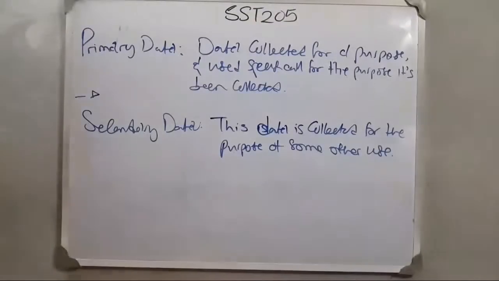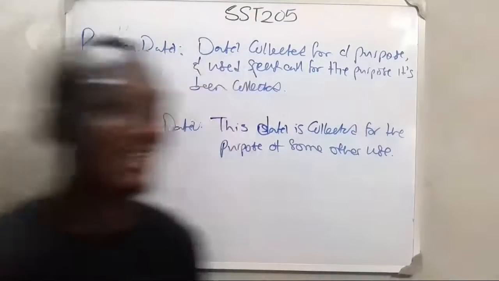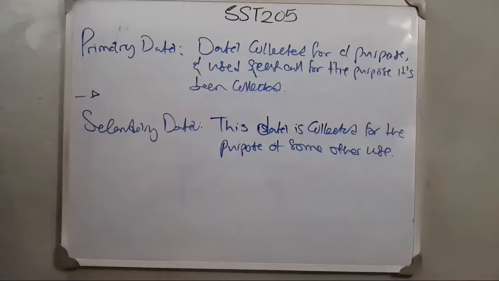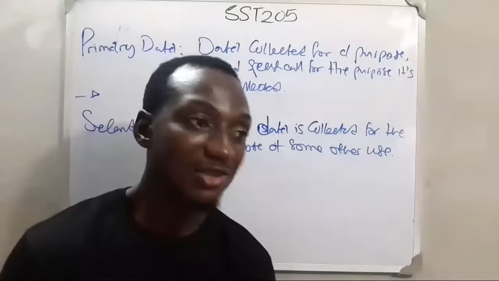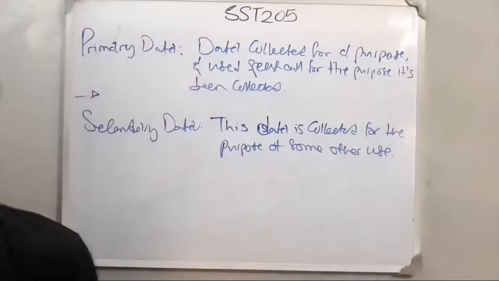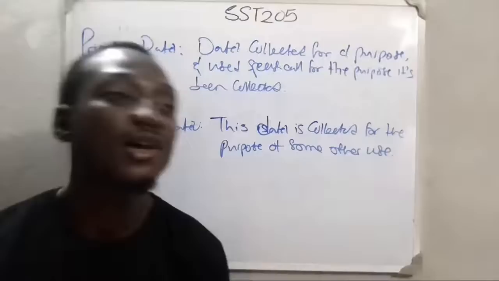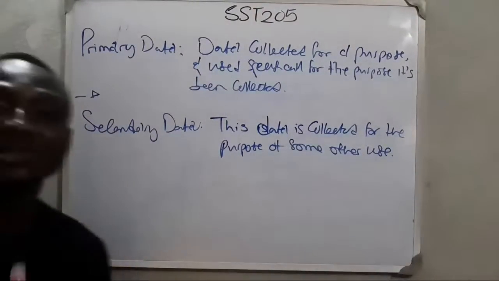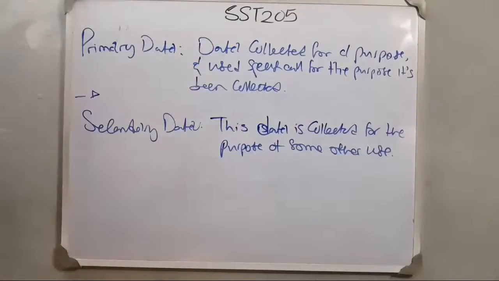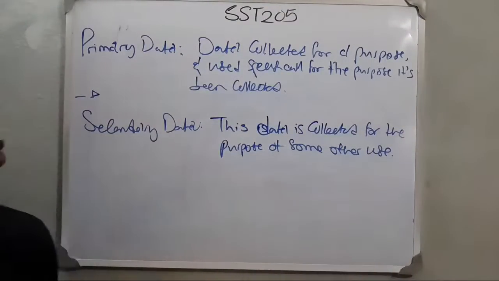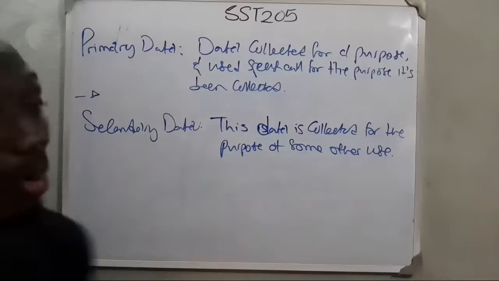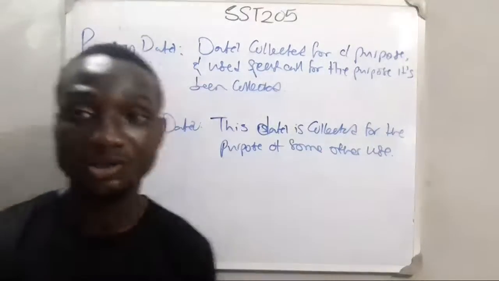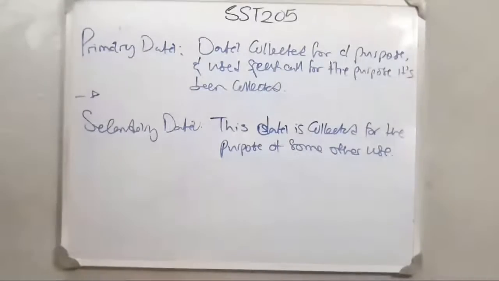When we want to do our exam clearance, we are expected to come with some documents. Can we refer to these documents as primary data? Yes, because these documents are used to validate if you are actually a student of the school, or it's actually you in person that has come to request for clearance.